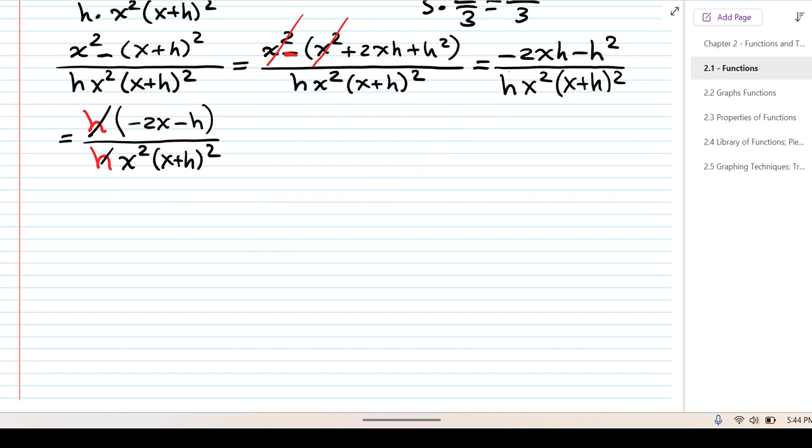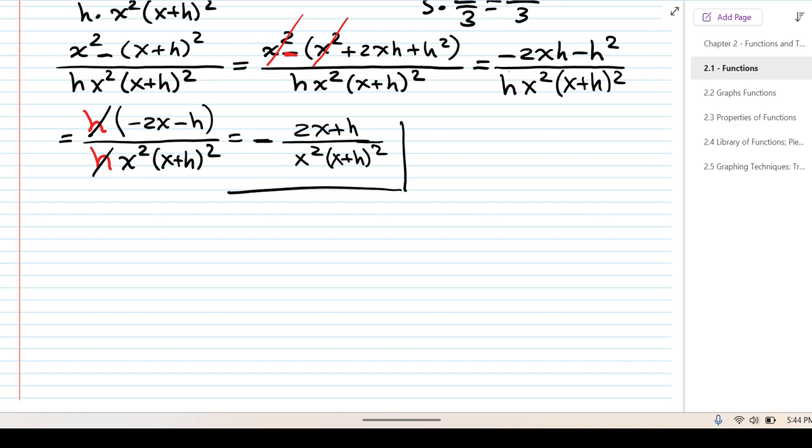And I can cross out the common factors, and there you have it. Now we can really go fancy if we factor the negative out of the numerator, right? This is going to be negative (2x plus h) over the denominator, x squared (x plus h) squared. And there you have it.